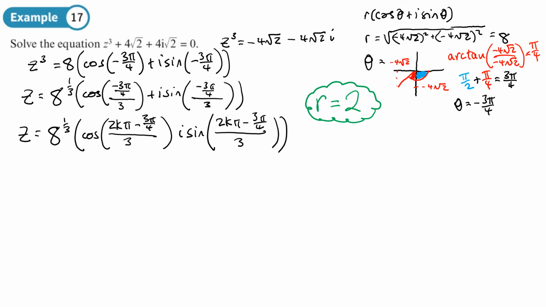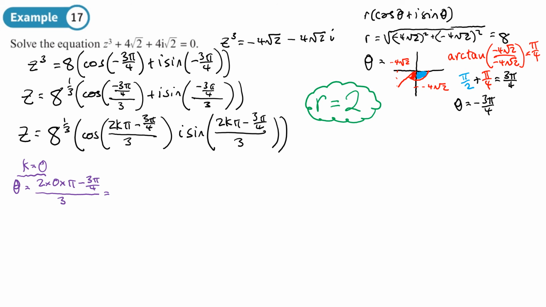And let's go for different values of k so we can work out what the different arguments are. So k equals 0. When k is 0, we're going to get an argument of 2 times 0 times pi minus 3 pi over 4, all divided by 3.